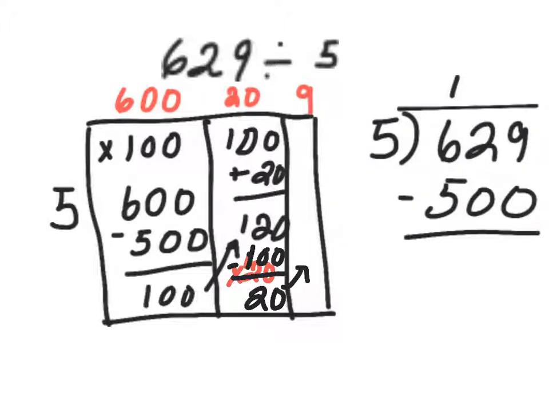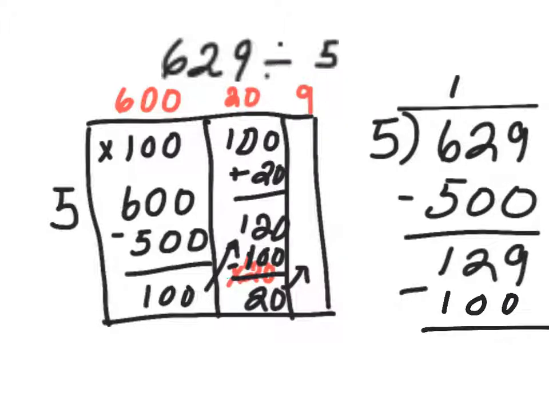So now that I have 129 in my algorithm, I'm subtracting my value, 100, which leaves me with 29 here and 29 here.